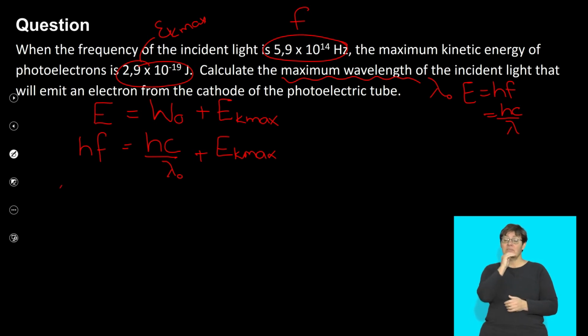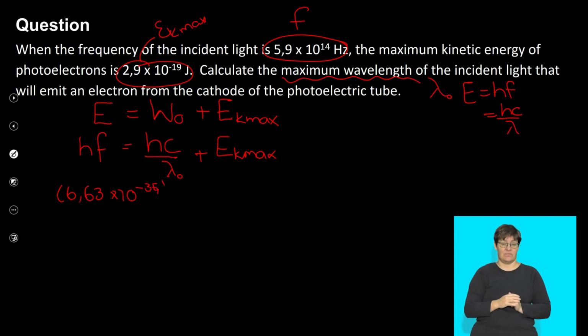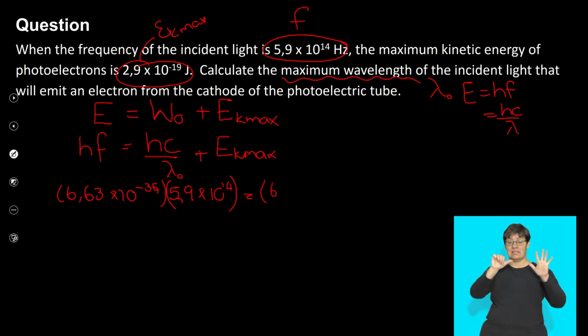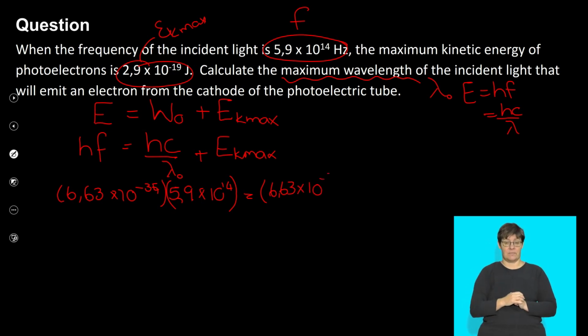So this means this is going to be 6,63 times 10 to the minus 34, my frequency is 5,9 times 10 to the 14. That's going to be equal to 6,63 times 10 to the minus 34 times 3 times 10 to the 8.